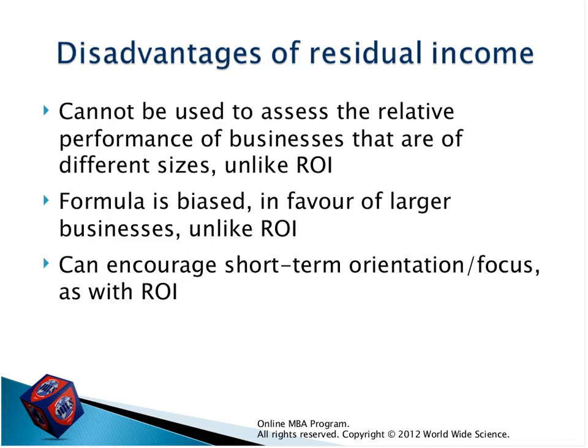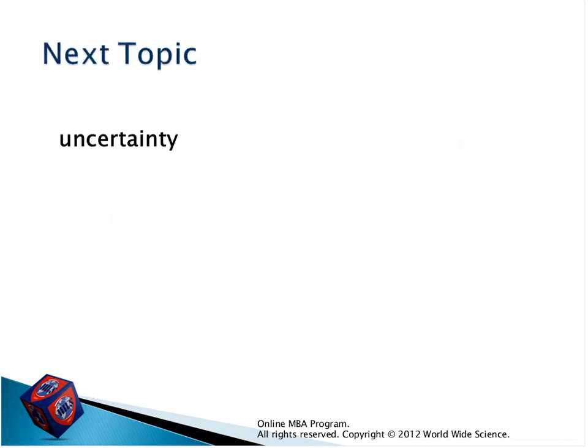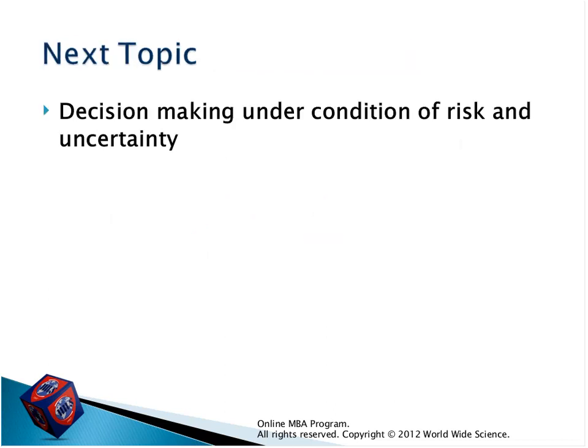Or, of course, you can compare with the same or a similar company to evaluate your organization's performance. So that's all for chapter number 7, how we can evaluate the performance of investment centers.